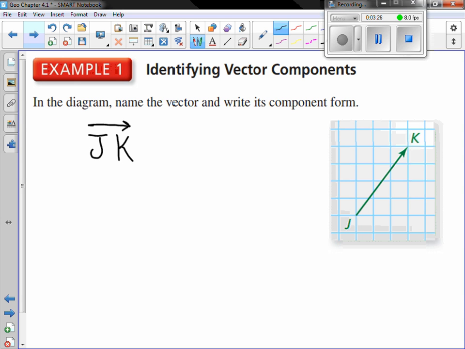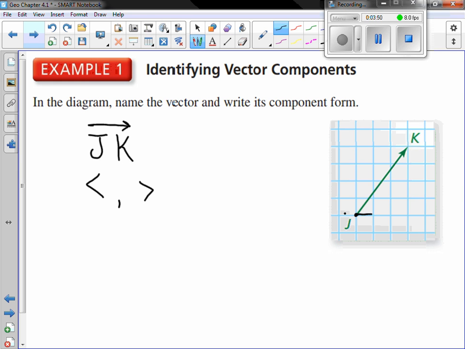Now its component form. So we're going to have these two arrow brackets with a comma in the middle. Now the first number is going to be the change in X. So if we're going to the right, it's going to be positive. If we're going to the left, it's going to be negative. So let's see how far it moves.